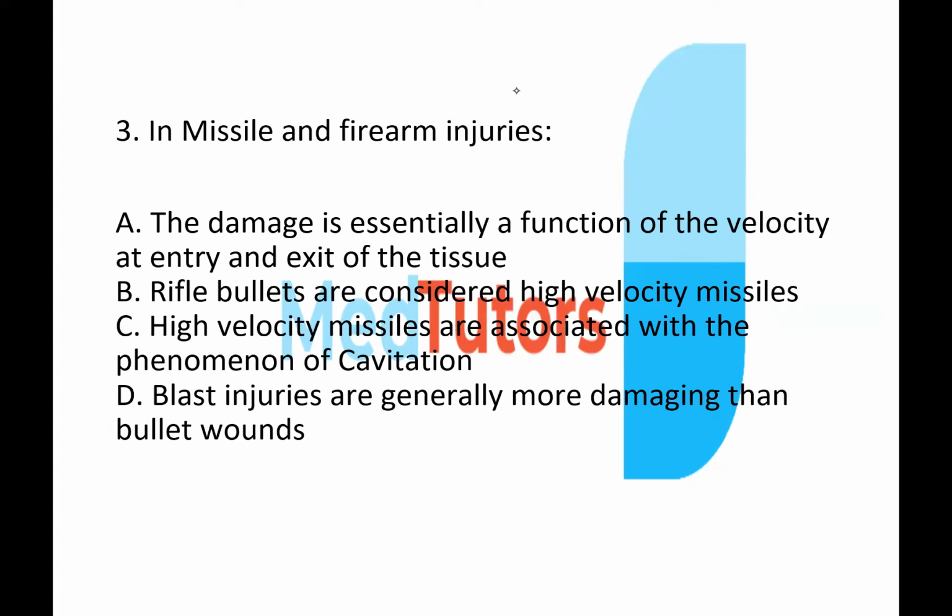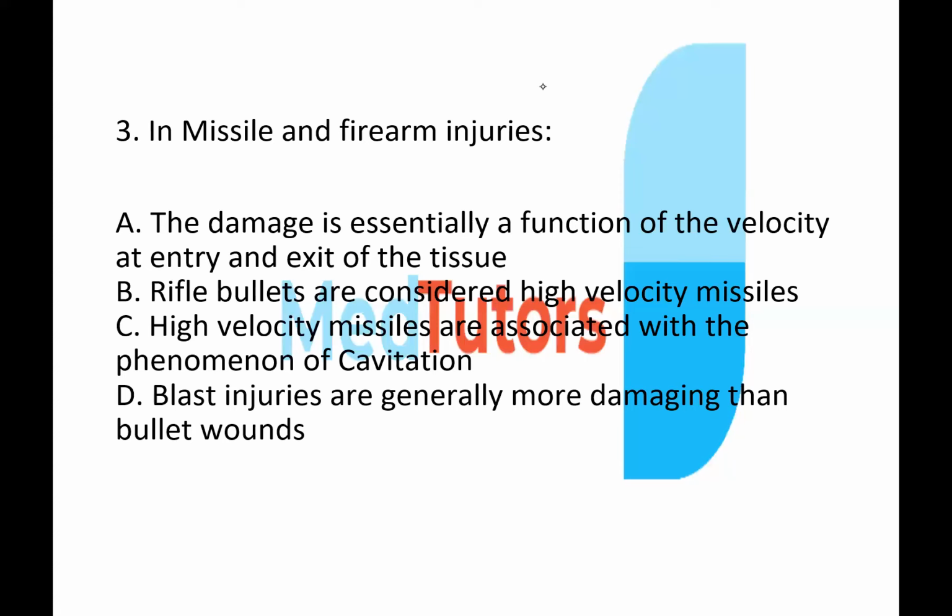Long guns. Is it clear? If it's not clear, that means you don't understand physics. Momentum is mass times velocity. The bullets of long guns are heavier, and their velocity is more than shotguns. So they tend to give more damage than shotguns.